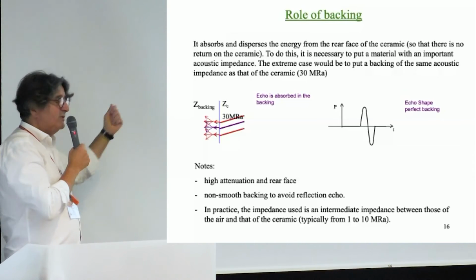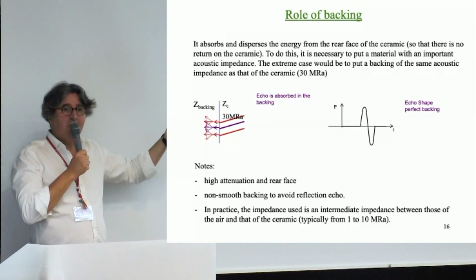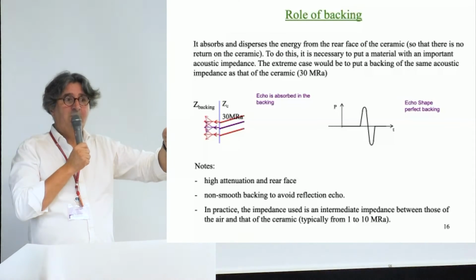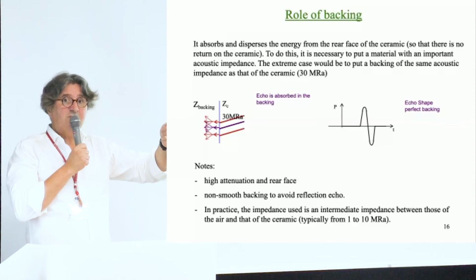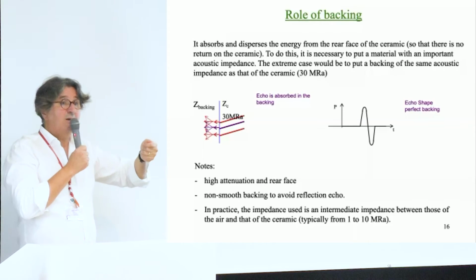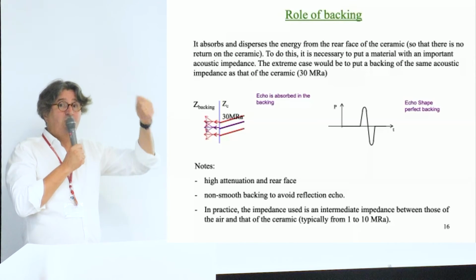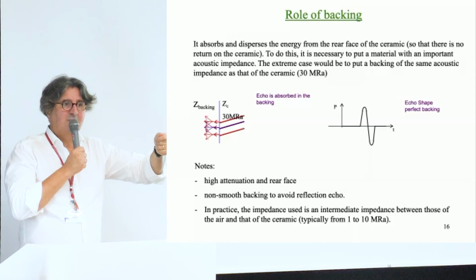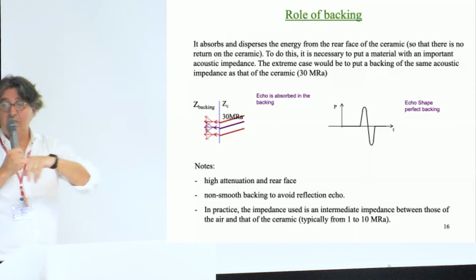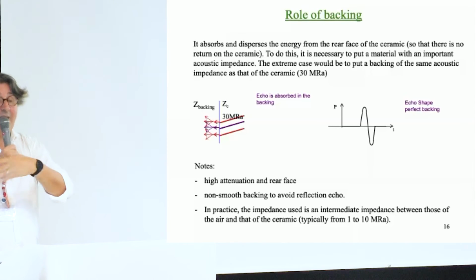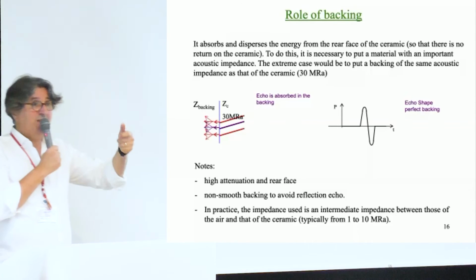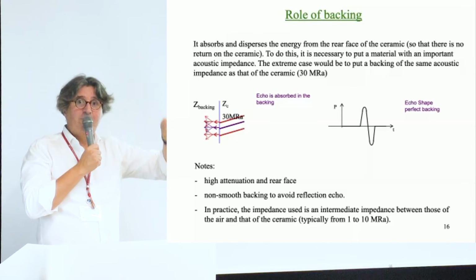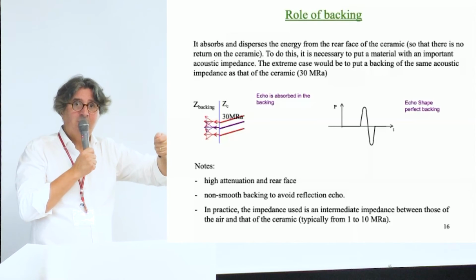And using the backing is more or less equivalent to putting your hand on the cymbal, just to reduce the duration. When you put your hand, you absorb energy. And this is exactly the role of the backing: absorb energy and disperse the energy. But of course, the pulse duration will be shorter.